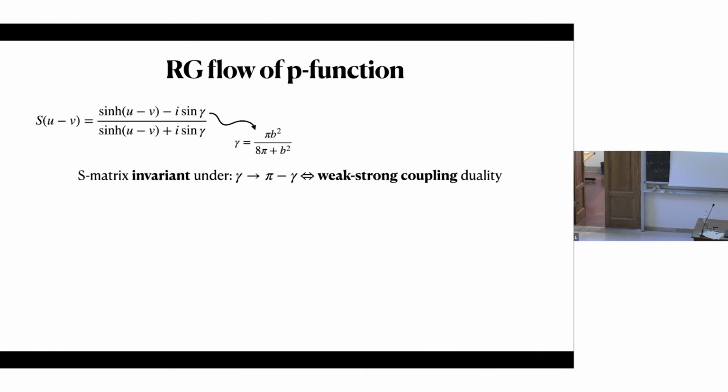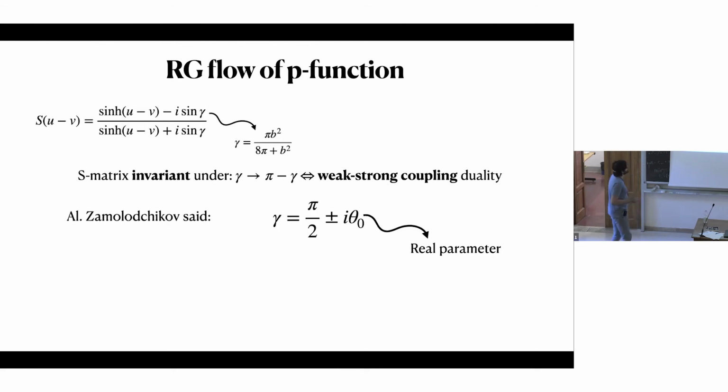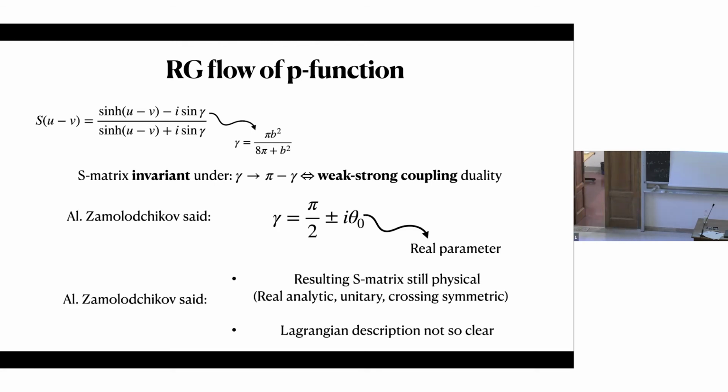This doesn't change, and this reflects something called weak-strong coupling duality in these models. So there is a duality that maps the weakly coupled theory to the strongly coupled theory. Okay. So the proposal of Zamolodchikov was to say, well, let's look at the self-dual point, which is pi over 2, where this relation doesn't change.